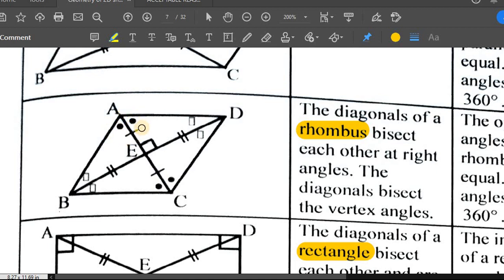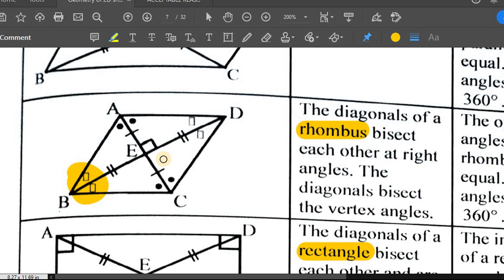So if angle A was 60, here would be 30, 30. Same thing with this side, right? So I'm talking about here. See, they bisect each other, bisect, bisect.